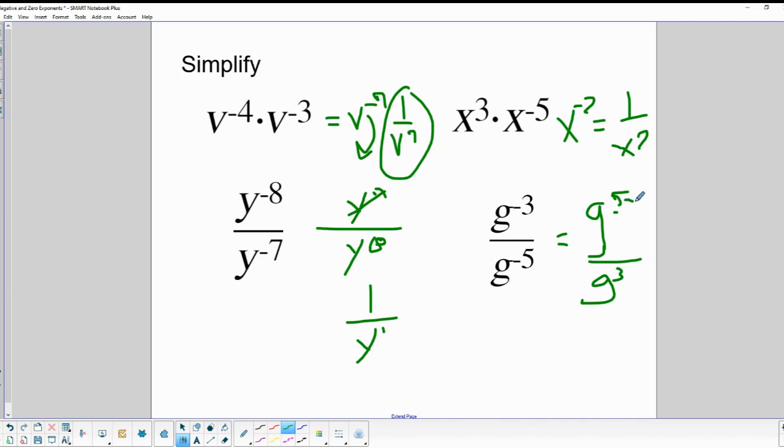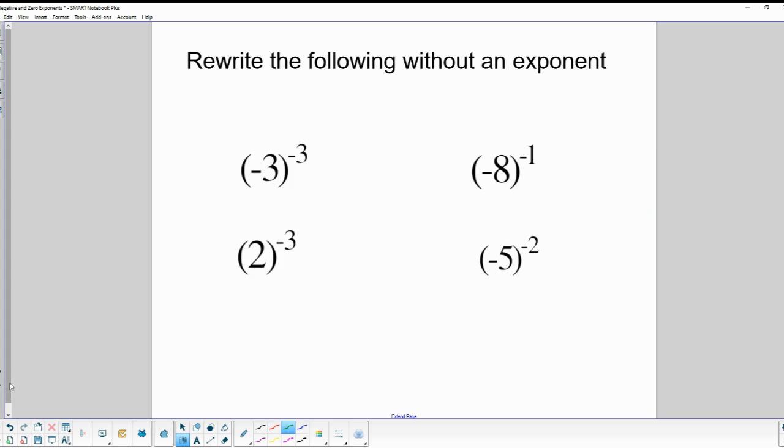What is 5 minus 3? Well, it's 2. So this is going to end up equaling g to the 2nd power. That's pretty nifty when you think about all the work that you're saving yourself by knowing these rules. Okay, so we're supposed to write all of these without an exponent.